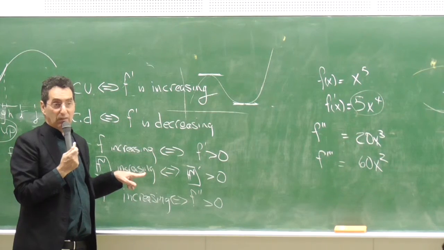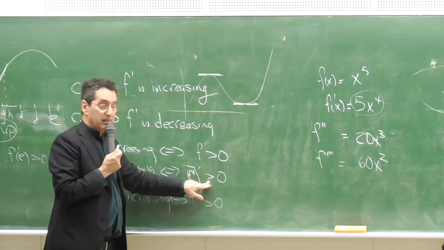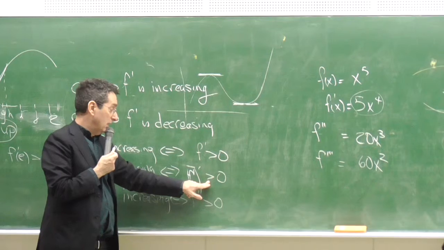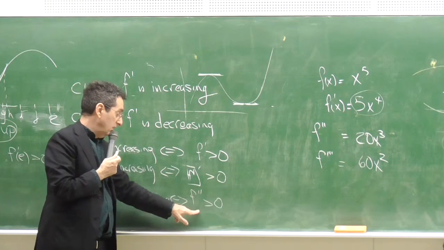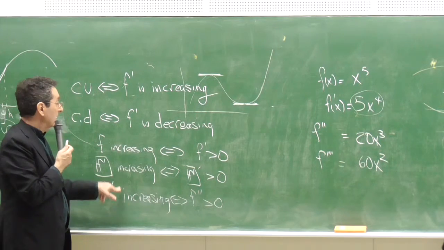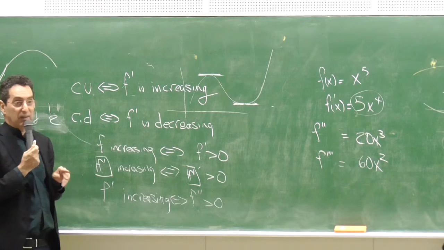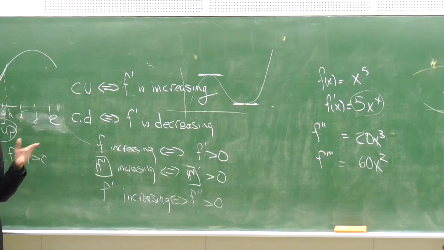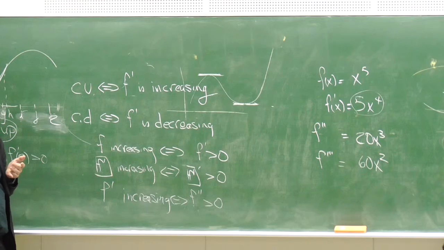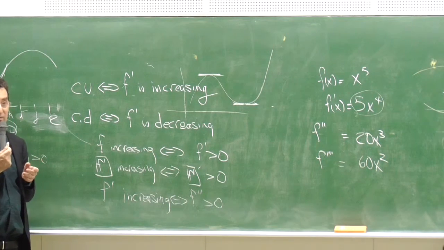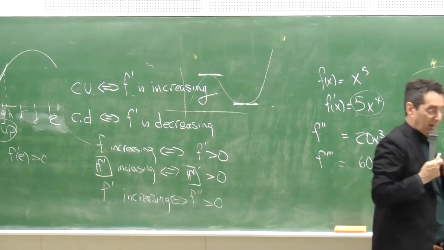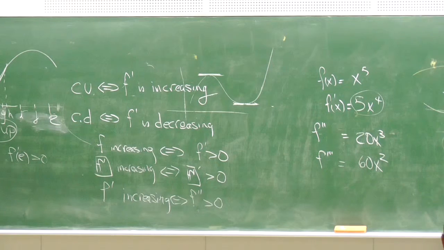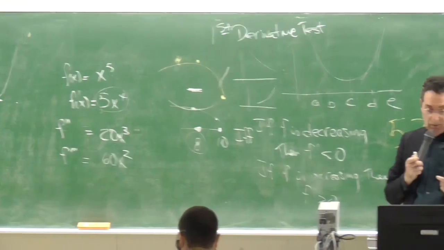We actually have to prove all of that. But these statements read backwards and forwards, so we can say if the second derivative is positive, f prime is increasing, means there's concave up, and that means in terms of this testing that it's a local minimum. Okay? So the book has that, and you can also copy that. So that's the second derivative test.